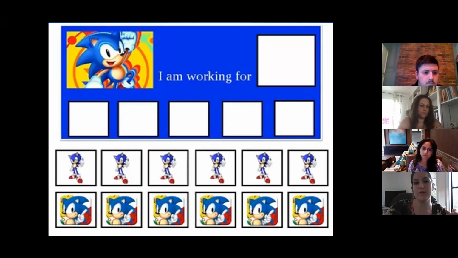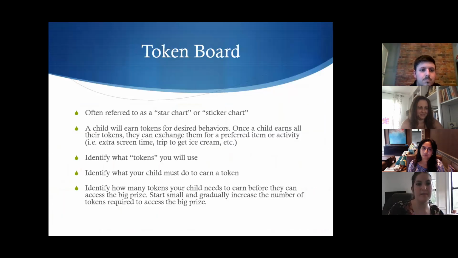So it could be every night your child stays in their room throughout the full night, they can get a token. And then once they get all of their tokens, they can trade that in for a much more preferred prize or special activity. So we need to identify how many tokens your child needs to earn before they can access the big prize.